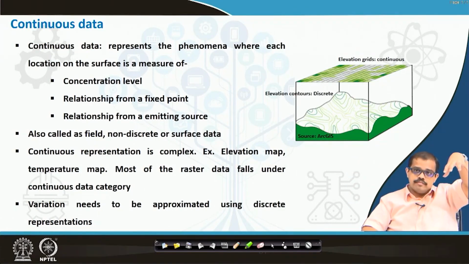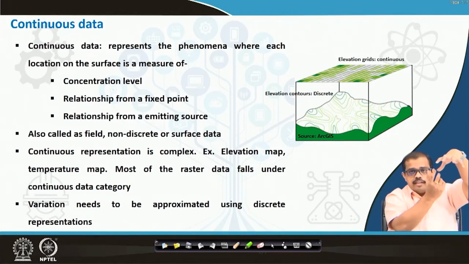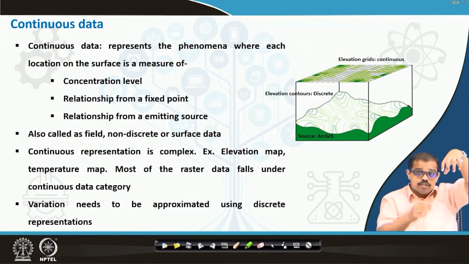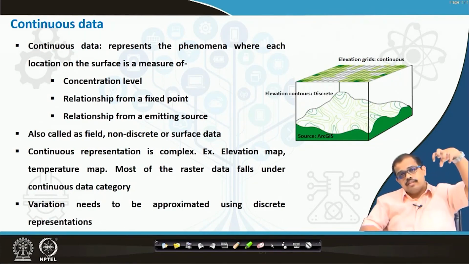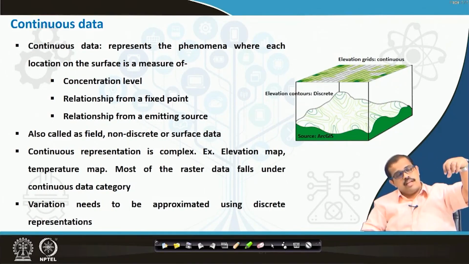When it hits the surface, some part is reflected back, and again some part of the energy is removed in the atmosphere. Finally, very little energy reaches the sensor. The reflected energy that reaches the sensor is the amount of energy that is recorded. Based on the amount of reflection, you have the DN values that are registered on this particular platform.